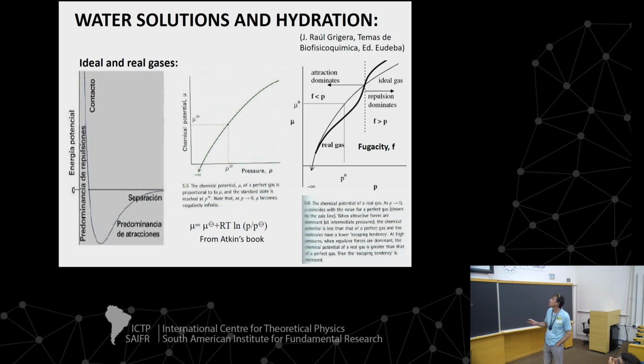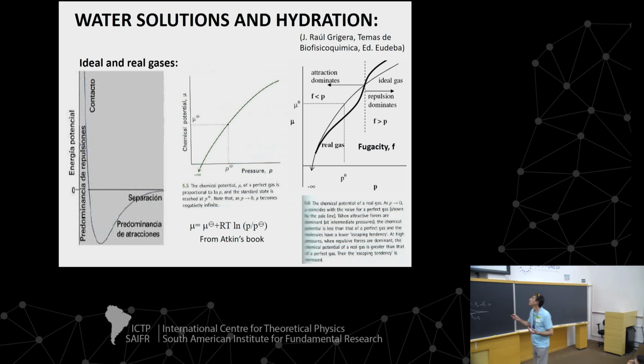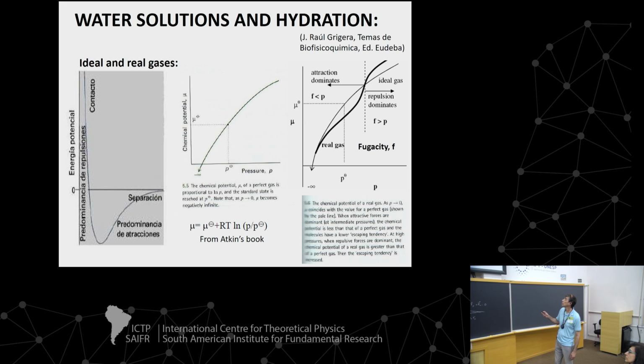And this effective pressure behaves differently, in the sense that there are regimes where attractions dominate and regimes where repulsion dominates. In this regime, for example, fugacity, that would be the tendency to escape of the molecules, is below pressure, so the chemical potential goes down.